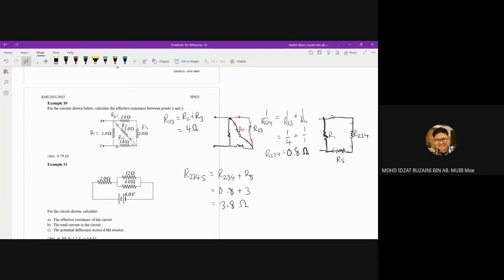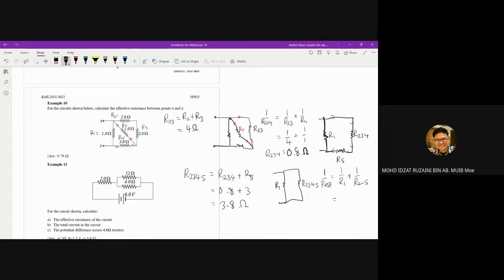So lastly, kamu akan dapatlah your circuit will be like this lah. Ini ialah R1, ini ialah R2345. Okay, maka ini betul lah dua ini are connected in parallel. So kamu akan selesaikan dengan menggunakan parallel circuit. Okay, so 1 over R effective is equal to 1 over R1 plus 1 over R2345.